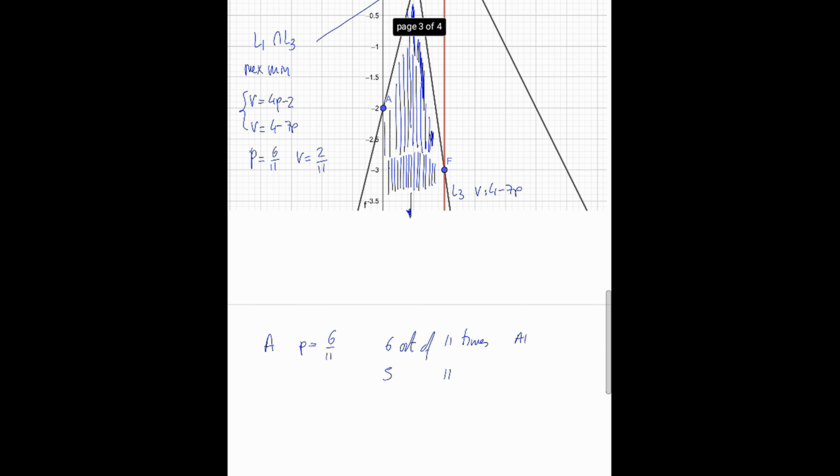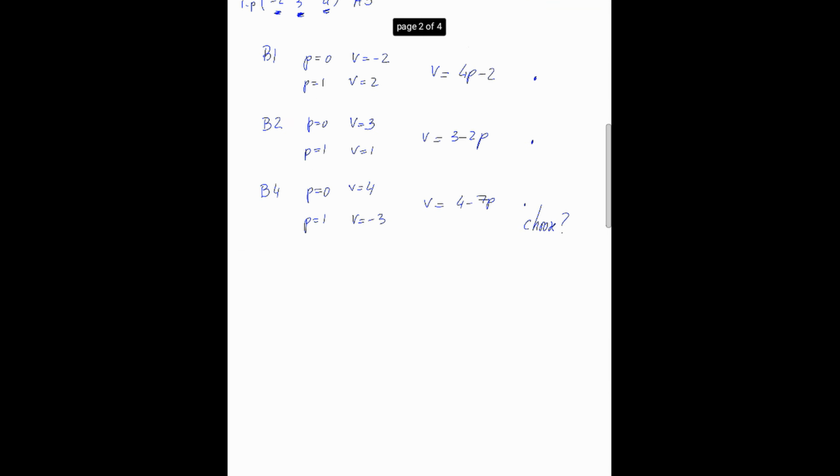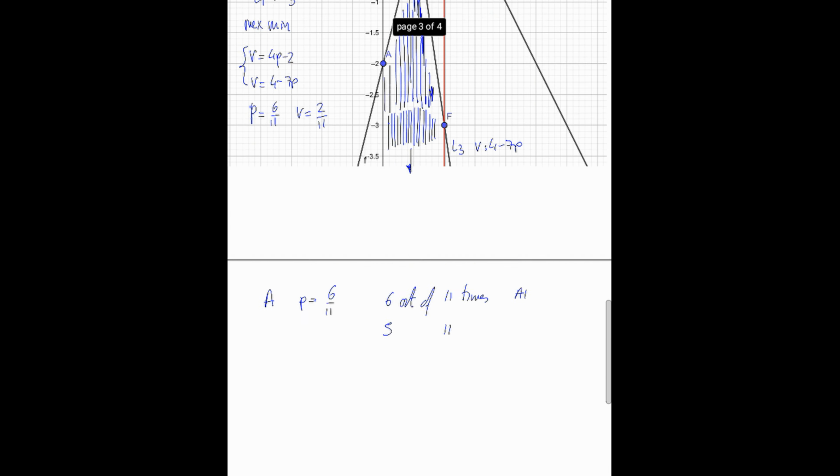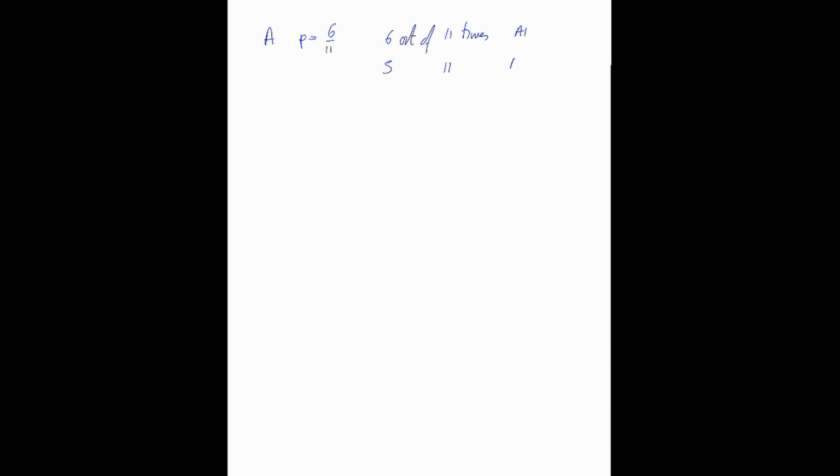On the game, for the part of A, P is equal to 6 over 11. This means A will play A1 6 out of 11 times, and then 5 out of 11 times we play the strategy A3.